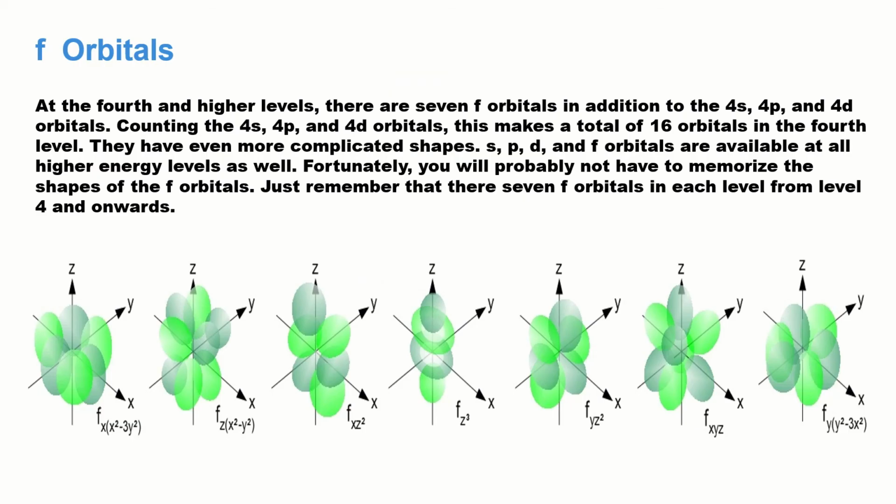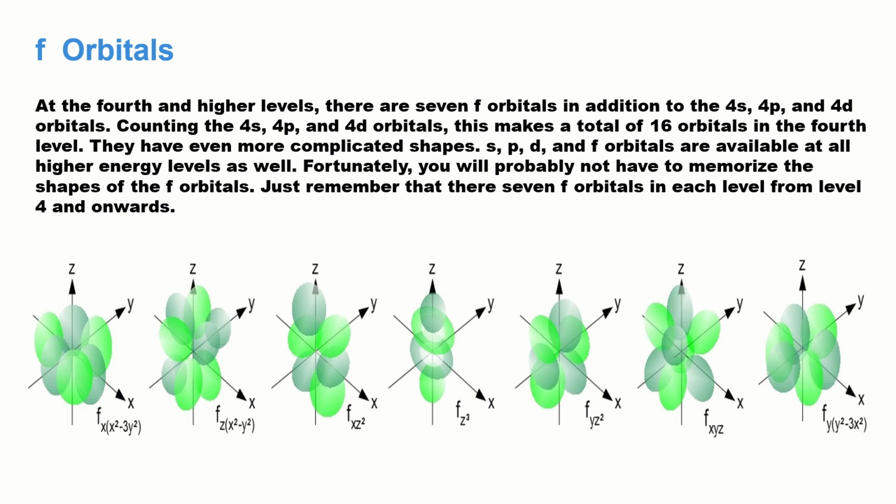Next, let's move on to the f orbitals. At the 4th and higher levels, there are 7 f orbitals in addition to the 4s, 4p, and 4d orbitals. Counting the 4s, 4p, and 4d orbitals, this makes a total of 16 orbitals in the 4th level.